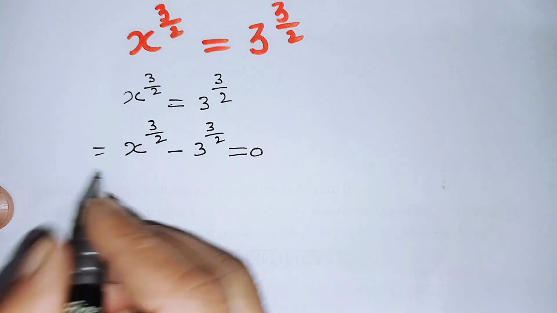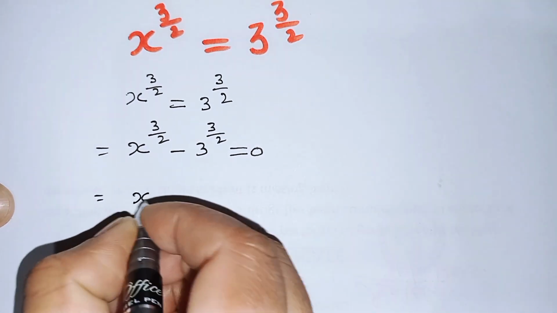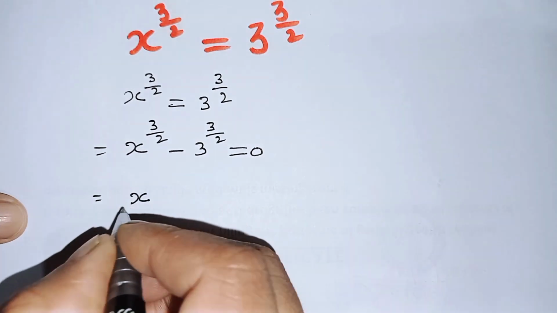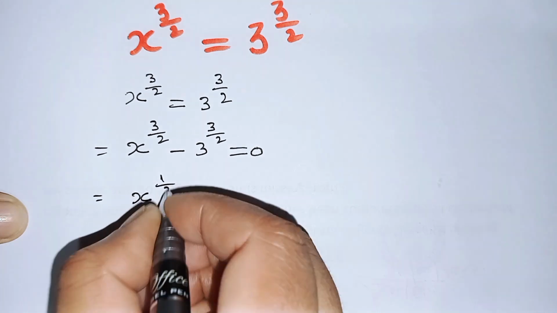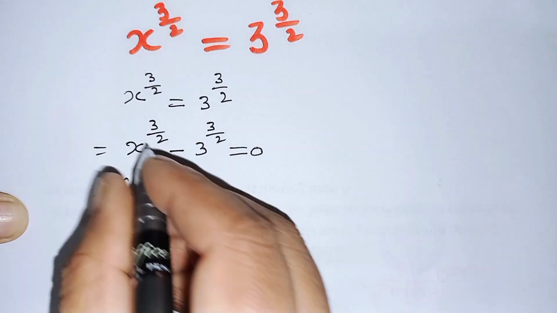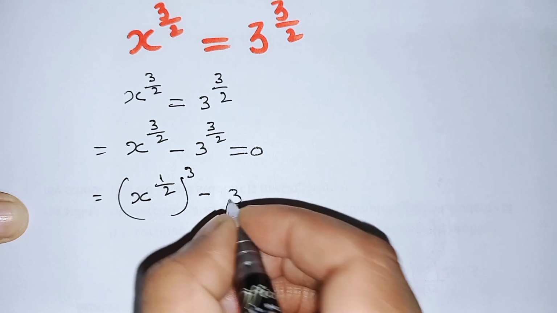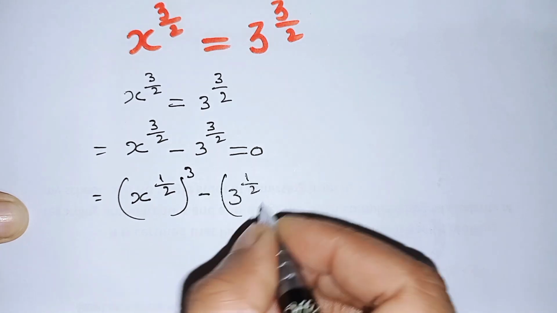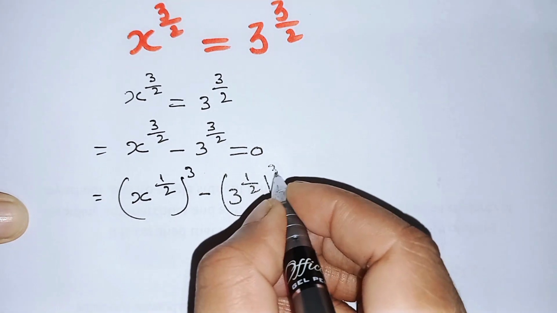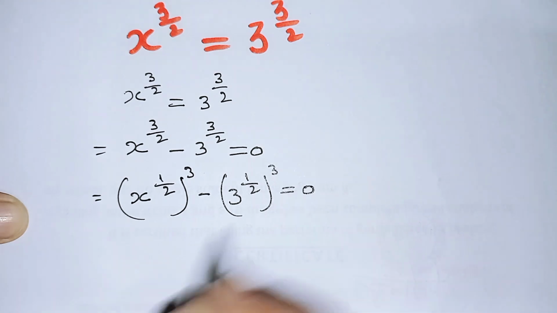And now here, x to the power of 1/2 and whole to the power of 3, minus 3 to the power of 1/2 and whole to the power of 3, is equal to 0.